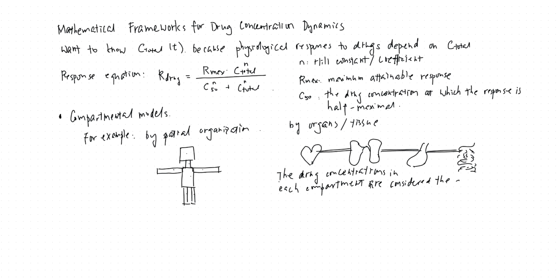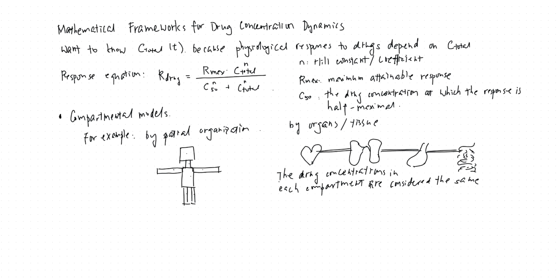What I mean is, if you have a lung, a kidney, an intestine, then each compartment has its own concentration, and the concentration in the entire organ remains the same.